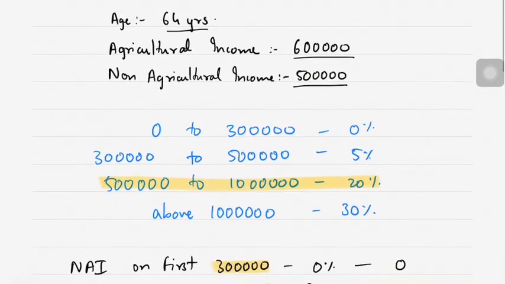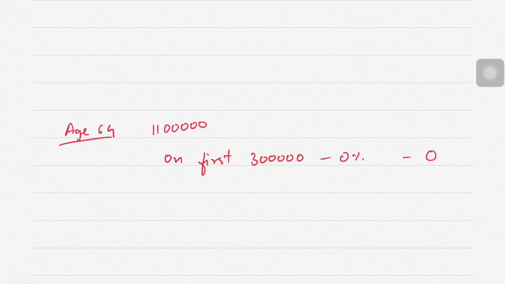So let's compute. Now age is 63 or 64. What was the age? 64. Whatever. Age is 64 and income is 11 lakh. So senior citizen. So now in this case, on first 3 lakhs, it's 0%, so 0.